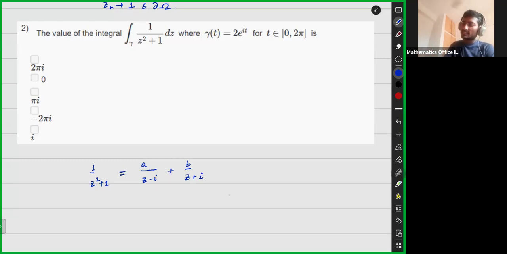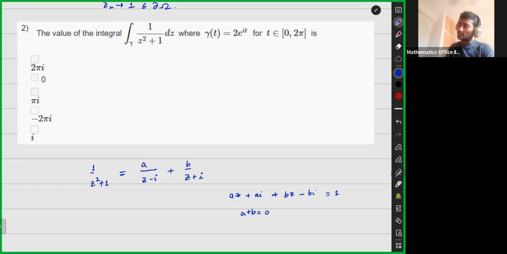So let's calculate: az plus ai plus bz minus bi is equal to 1. This implies that a plus b is equal to 0 and ai minus bi is equal to 1. A plus b, when calculating the coefficients of z, and here we have 0.